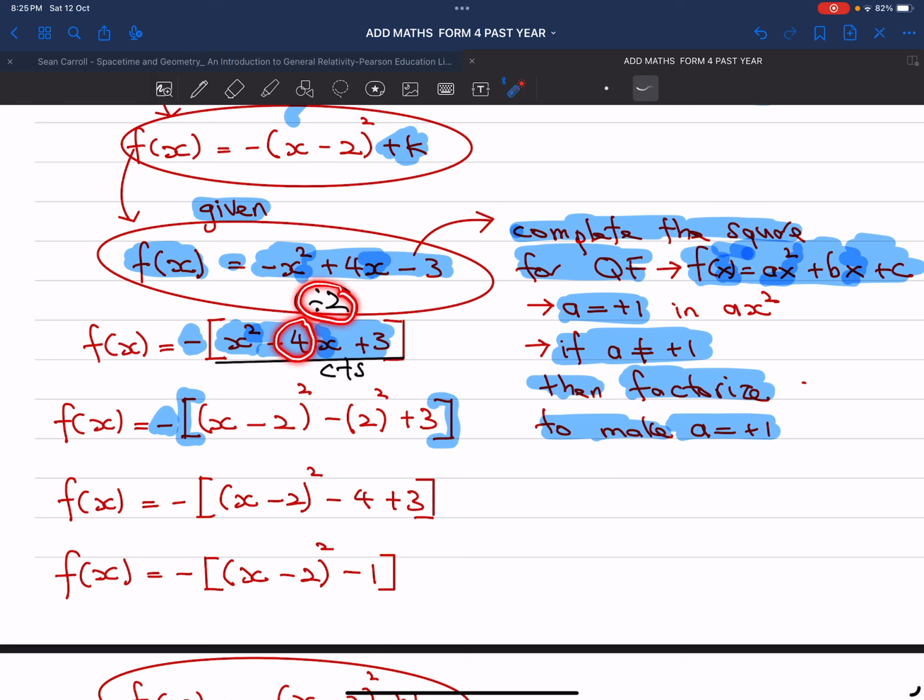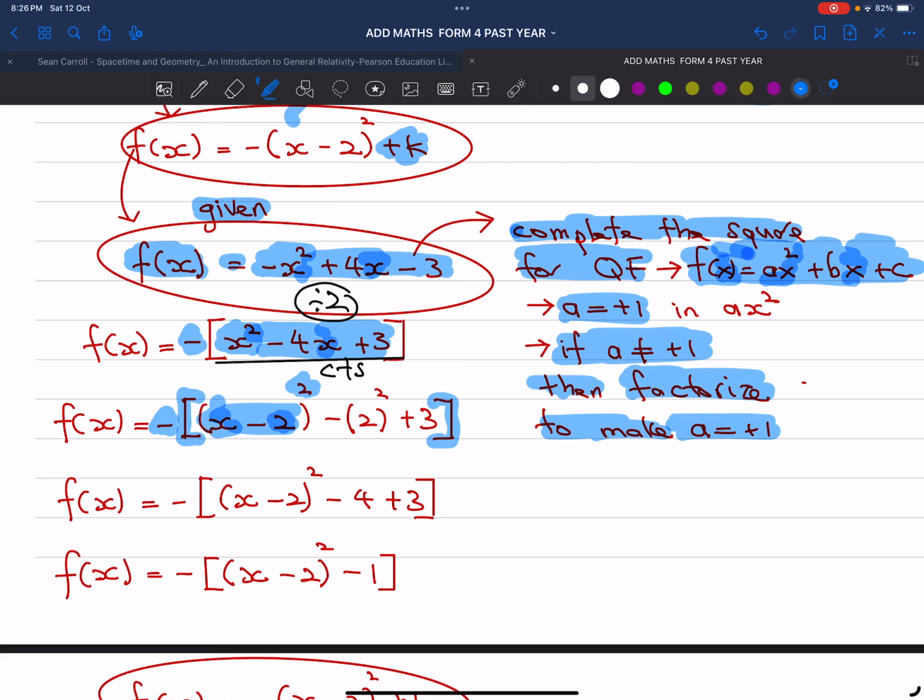So 4 divided by 2 is 2. So x squared, I made it x, and then minus, I put back minus. The number in front of x, I divide by 2. I got x minus 2. Close the brackets and put back the square.